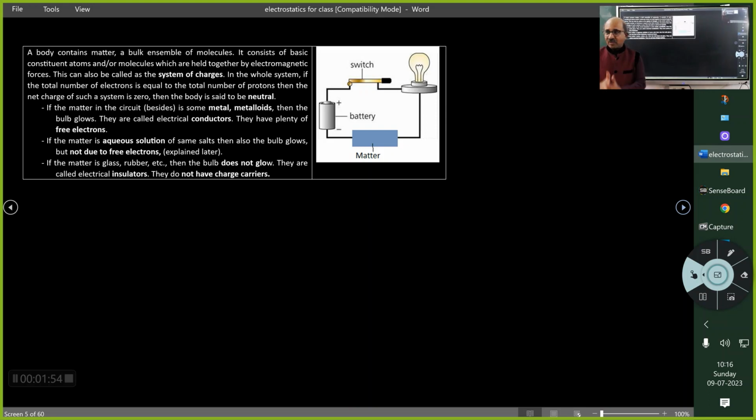And how does it affect? Well, it creates a region of influence, which you call the electric field. And electric field is not just a notion, it's a reality, right?